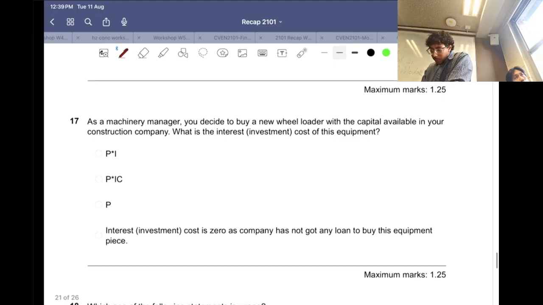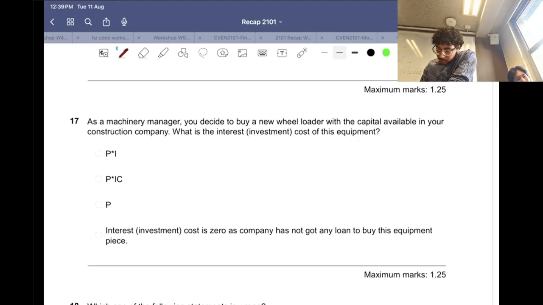As a machinery manager, you decide to buy a new wheel loader with the capital available in your construction company. What is the interest, so the investment cost of the equipment? What are we looking at here? So they are just buying it.